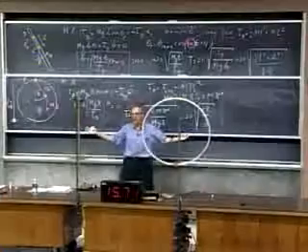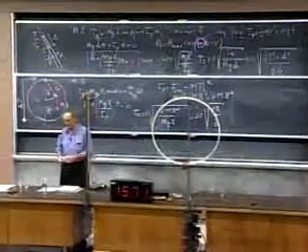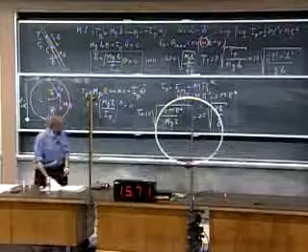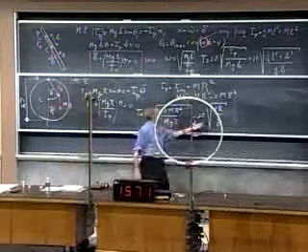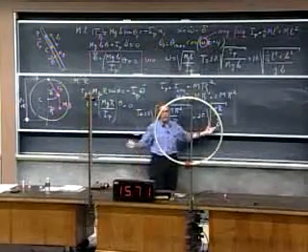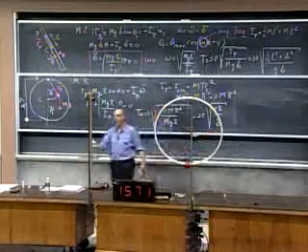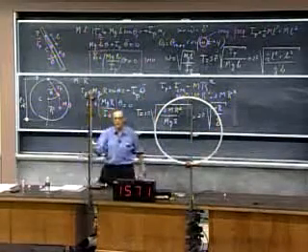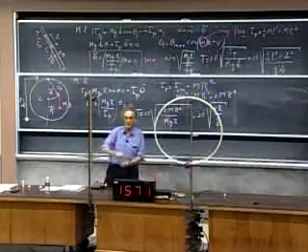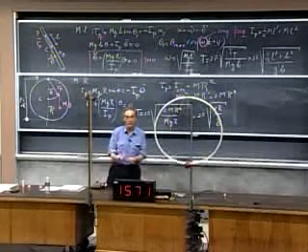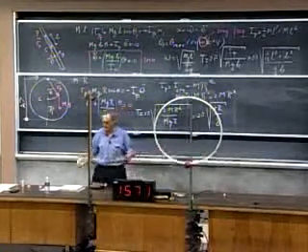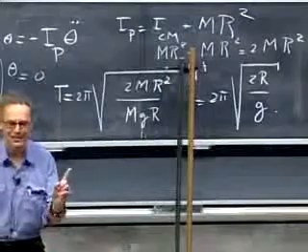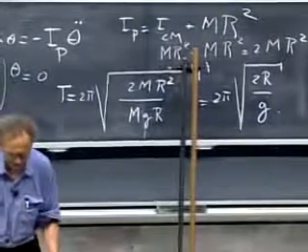Remember, the period of a pendulum is 2 pi times the square root of L over G. Notice again, there is no mass in there. It's only a matter of geometry. Geometry is the only thing that determines the period of oscillation. That's always the case. With a simple pendulum with a mass at the end, the period is independent of the mass. Not with springs, but always with gravity.